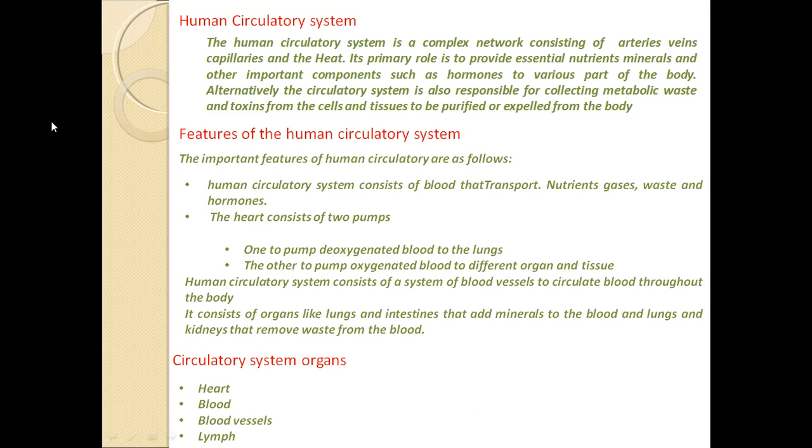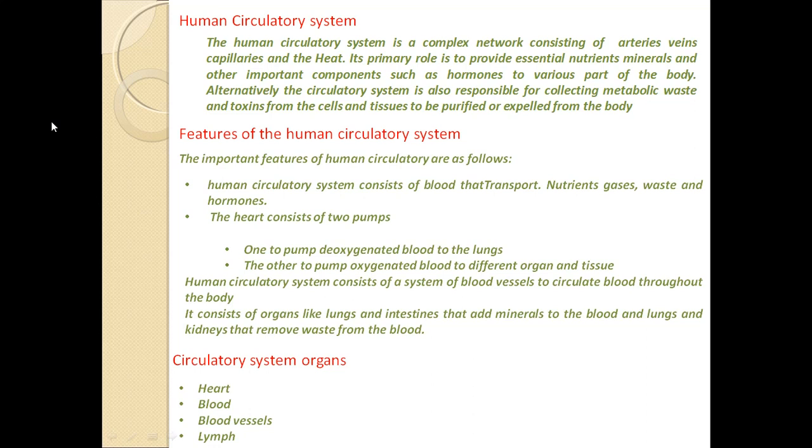Capillaries are the smallest blood vessels. Its primary role is to provide essential nutrients and minerals. All the minerals and nutrients will be provided with the help of the circulatory system, and also the hormones. Hormones are the chemical substances which help in coordination between various parts of the body. Cells and organs will be coordinated with one another with the help of the hormones.